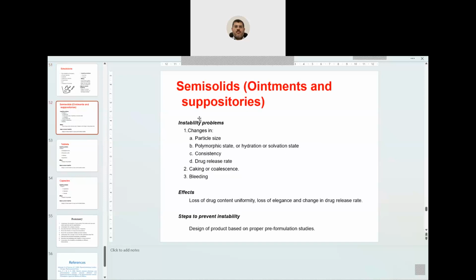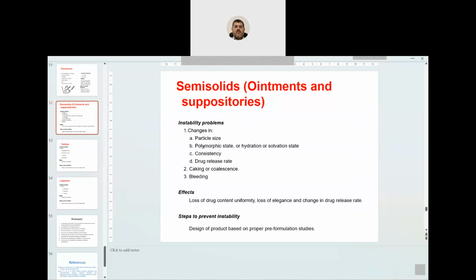Semisolids like ointments and suppositories may have some changes in particle size, and there may be some polymorphism. Like when we study the suppositories, we'll talk about cocoa butter. It is a commonly used base for suppositories.